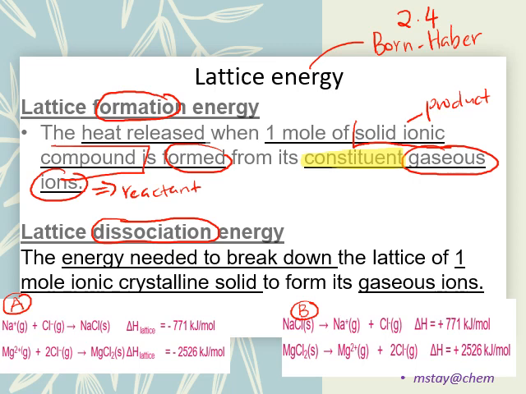Based on the definition of lattice formation, the solid ionic compound is the product, so the thermochemical equations in group A refer to lattice formation. The solid ionic compound is formed from its gaseous ions, Na+, Cl-, Mg2+, and Cl-.